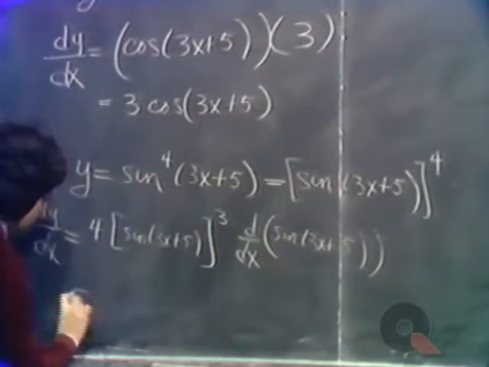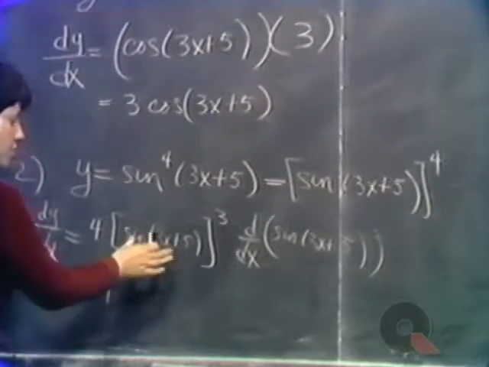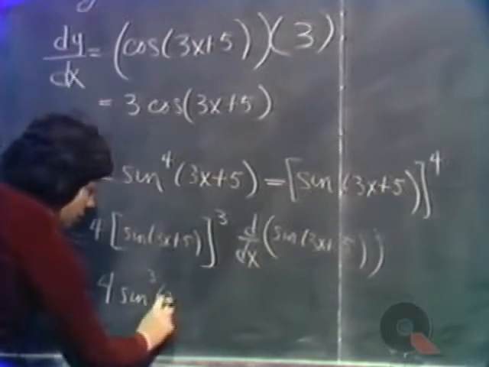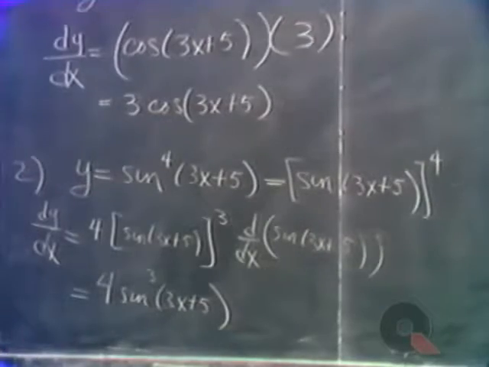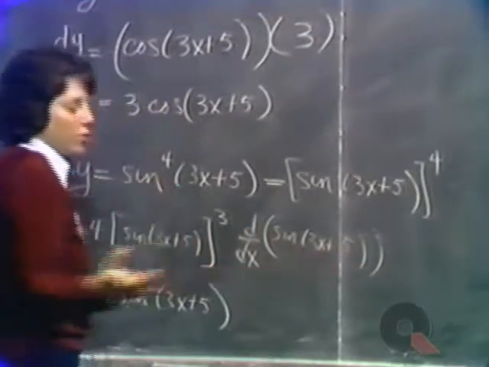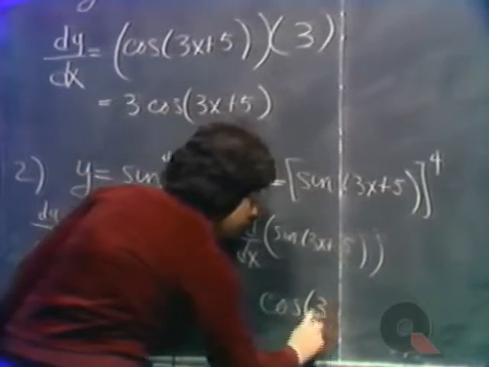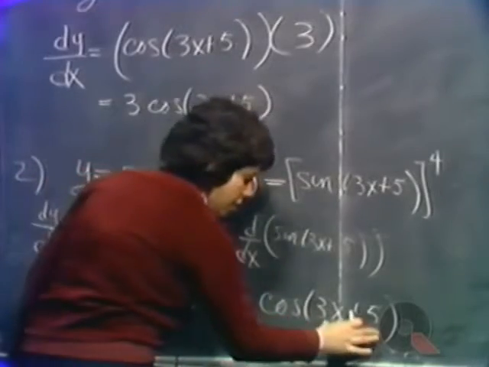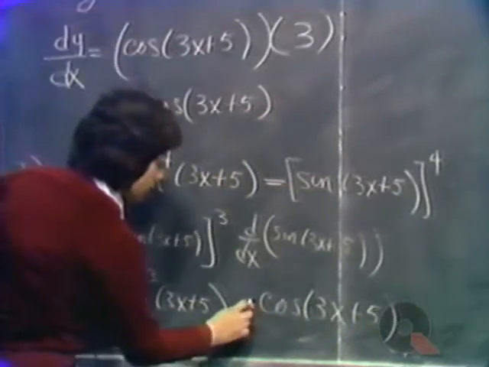So let's see what we have. We have 4 times sine of 3x plus 5 to the 3rd power, which can be written as sine cubed of 3x plus 5. For the derivative of the sine of 3x plus 5, the derivative of sine of something is cosine of the same something times the derivative of the something, the derivative of 3x plus 5, which is 3.